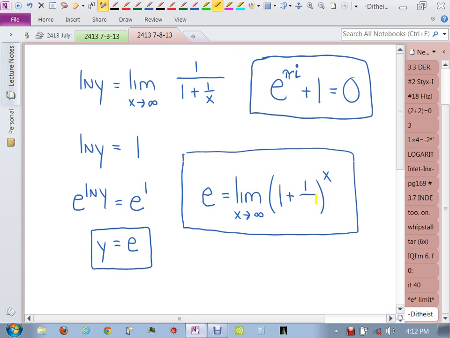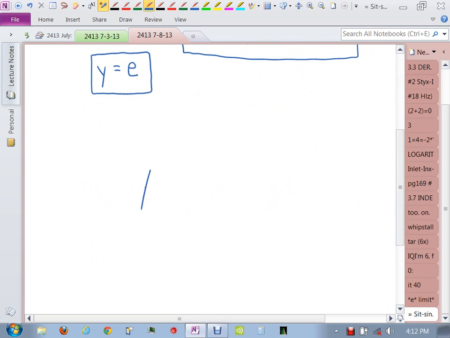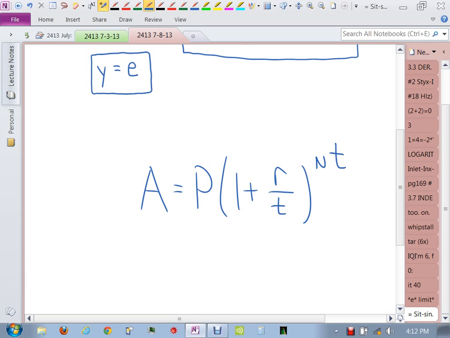How many of you recall this formula from college algebra? You may have seen this. This is a formula for compound interest.